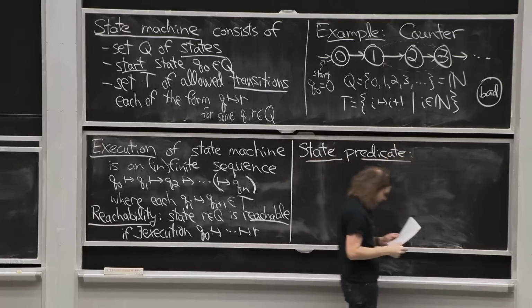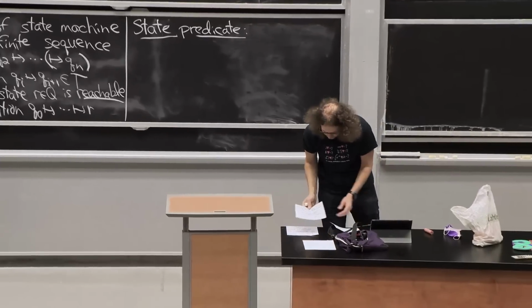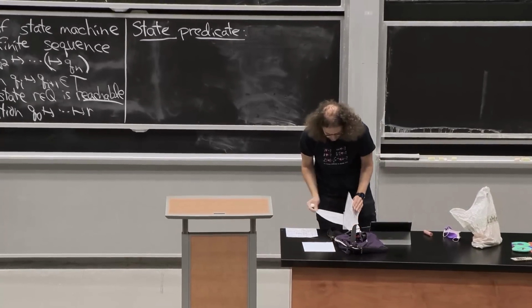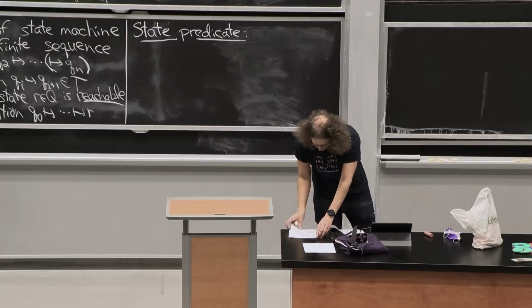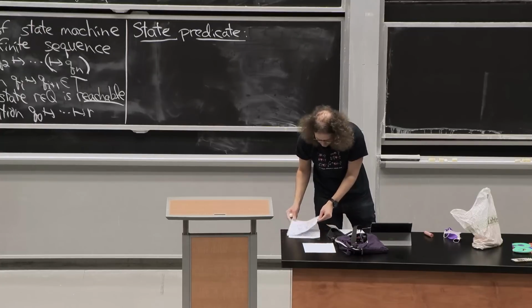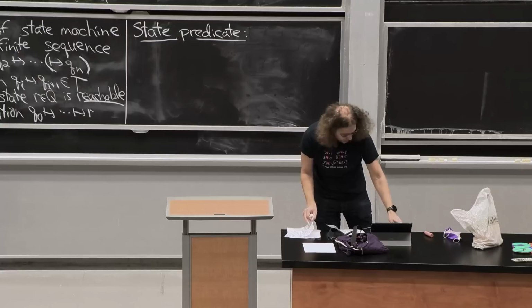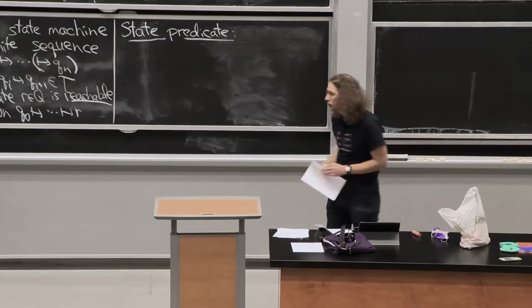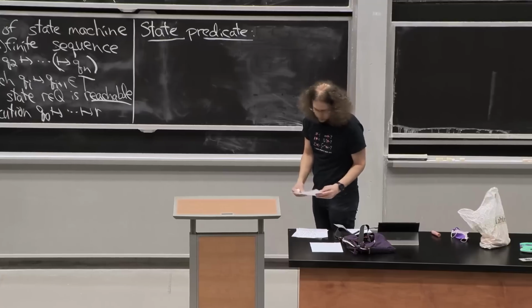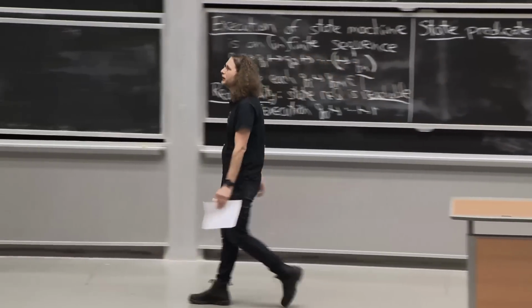Okay. I think at this point I want to talk about a more interesting example, and then we will come back to the theory. So the interesting example is this.